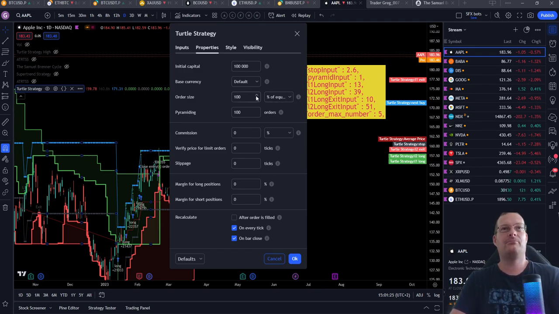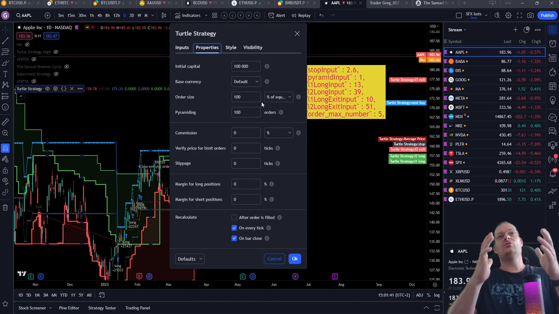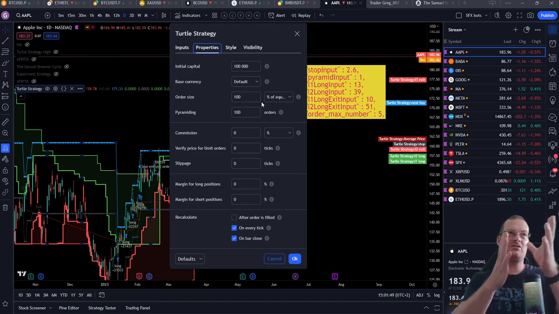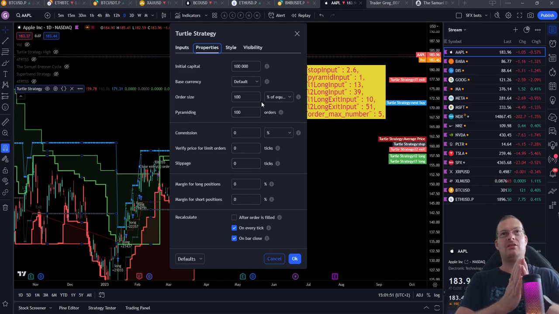But I mean, how can you backtest if you only allow a certain size of your equity? Of course, you can test it like that, but I don't really find it the best way of testing, because usually you would allocate a certain percentage of your capital to, let's say in this case, Apple. So that amount that you allocate is actually 100% which goes to Apple.